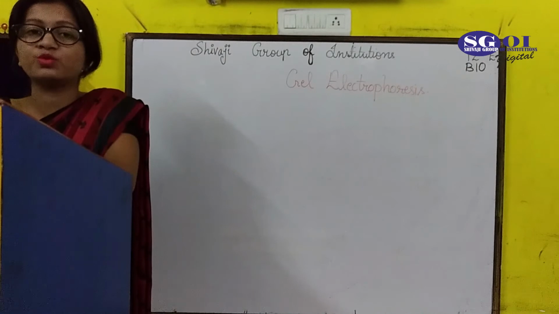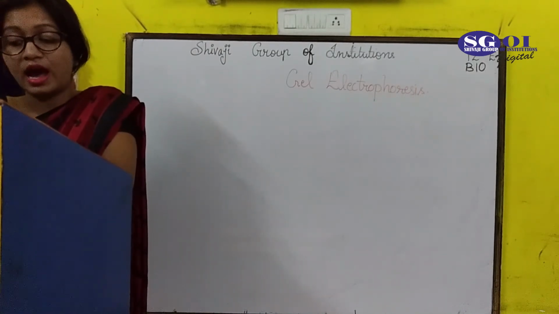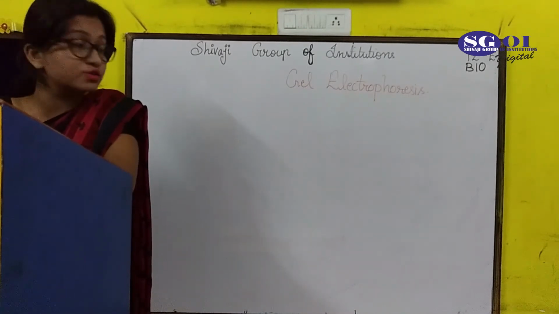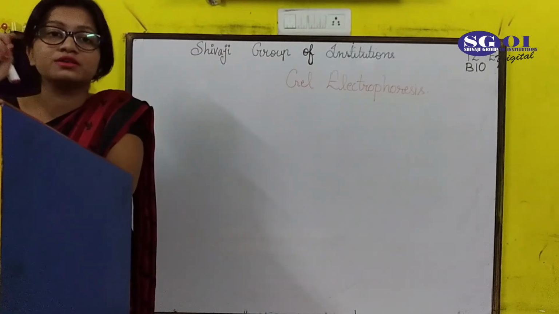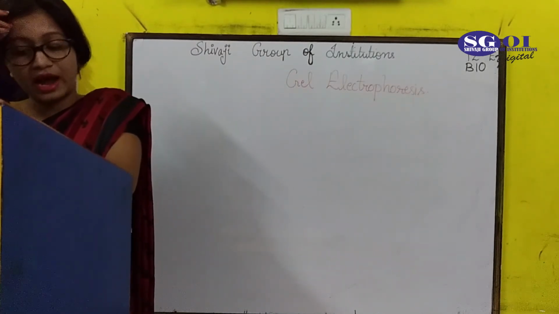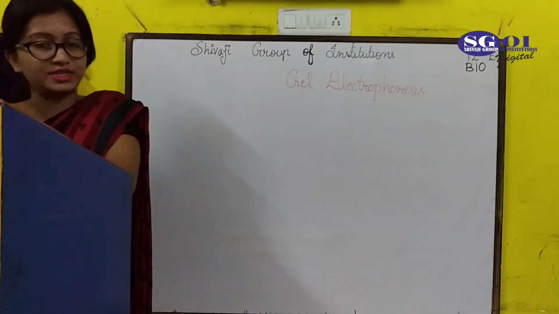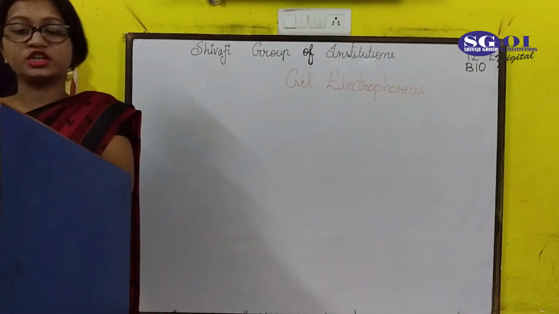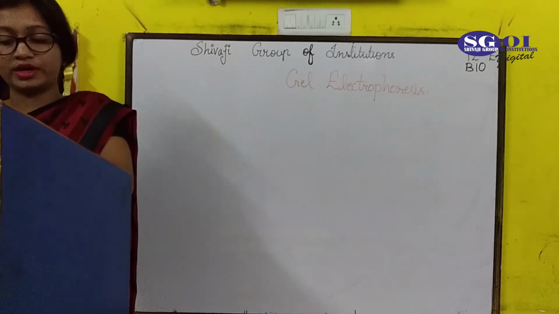Uncharged molecules are not affected, only charged molecules are separated, and this is done only under an electrical field. That is why this process is known as electrophoresis, because an electrical field is required. Positively charged molecules move towards the cathode, the negatively charged electrode, and negatively charged molecules move towards the anode. Consider this very clearly.